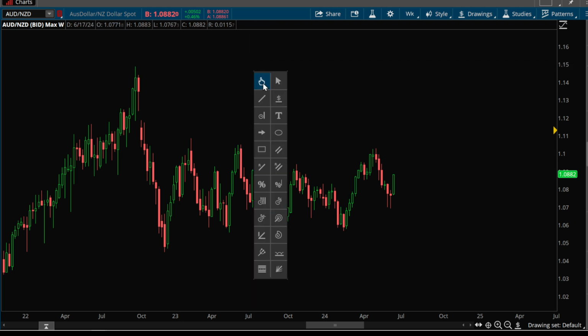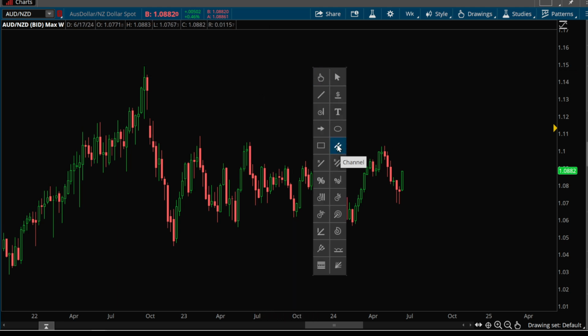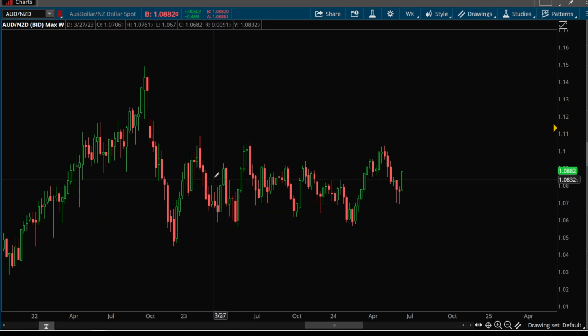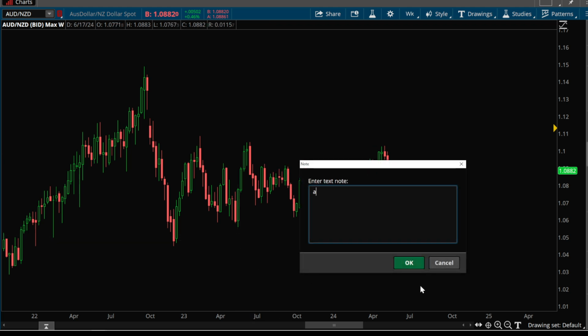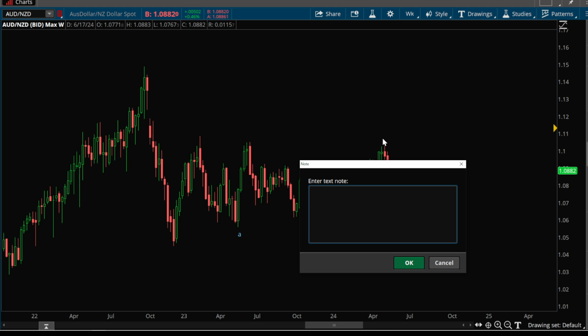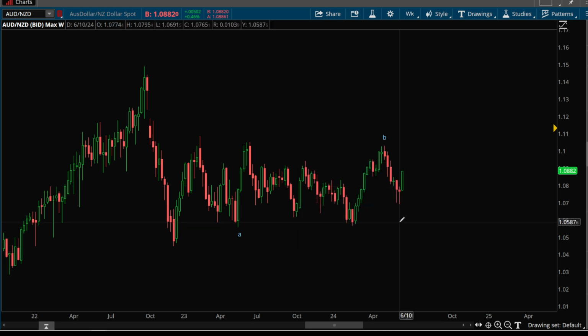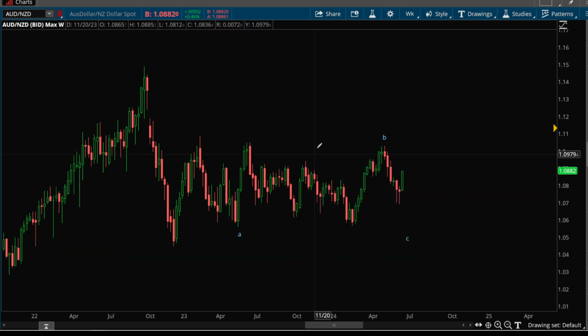I was looking at this as your A right here, and then all this was your B wave. I was looking to come break these lows, making all of this your flat correction.